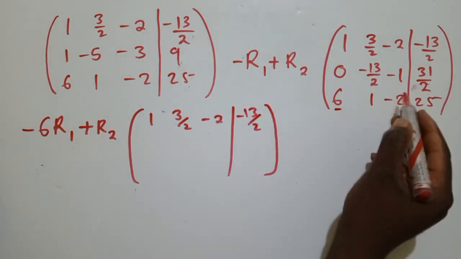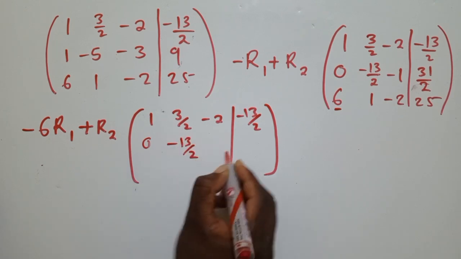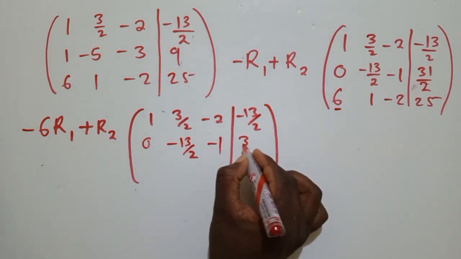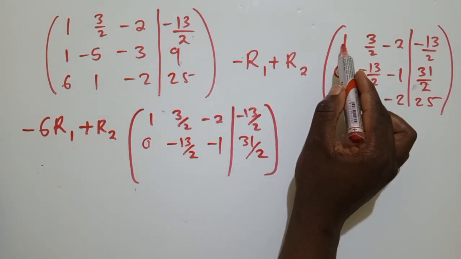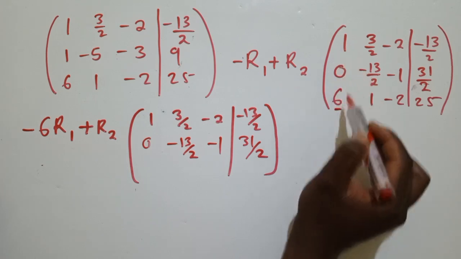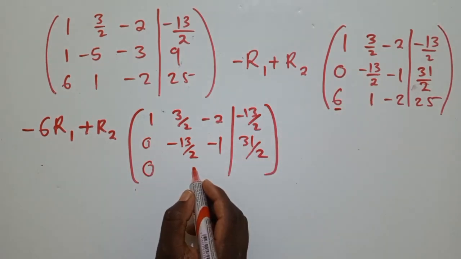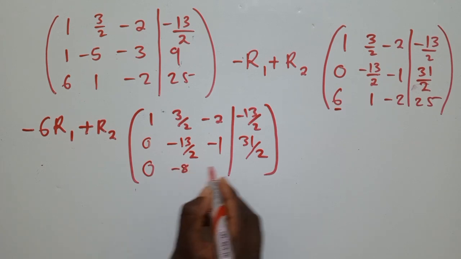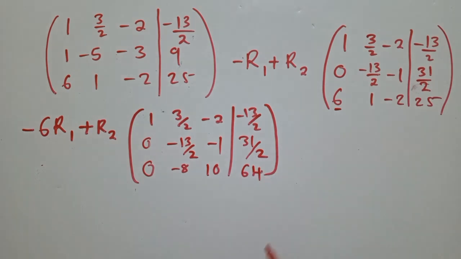Okay, then here it will be a 0, negative 13 over 2, negative 1, 31 over 2. So here when we add negative 6 times 1 plus 6, it's giving us a 0. While here it's giving us negative 8, 10, 64, like that.